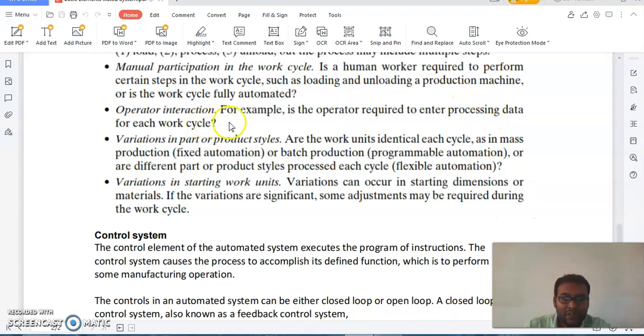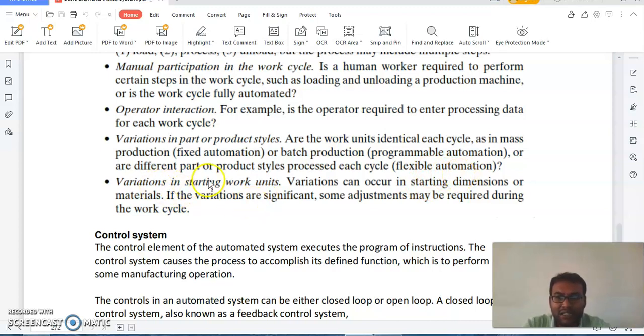That means if we want to input certain data into the machines, we specify it. Next is variations in part or product styles. Are the work units identical each cycle, as in mass production, that means fixed automation, or batch production in the case of programmable automation, or are different parts or product styles processed each cycle, in the case of flexible automation?